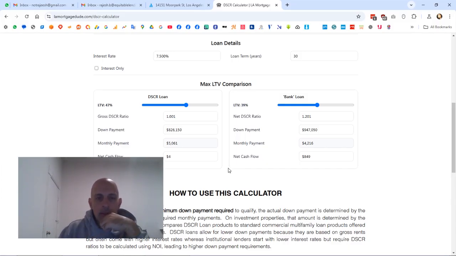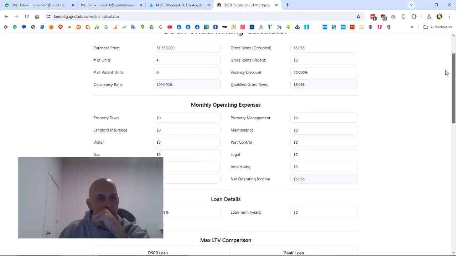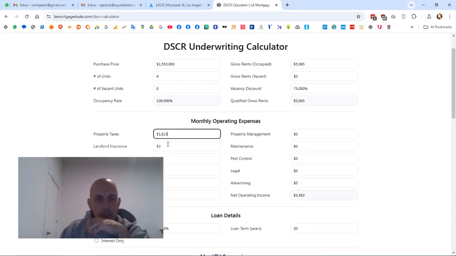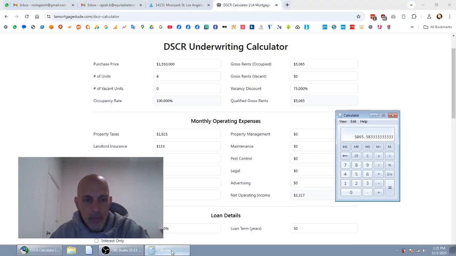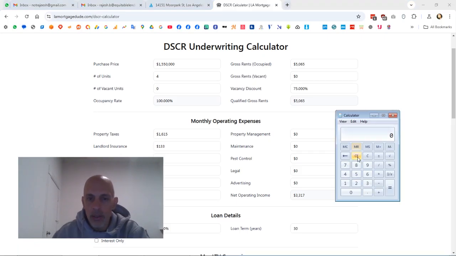Assuming that we could guess, let's see, what's property taxes and insurance here? 1615 and 133. So 1615 times 12 is 19,380. And then we got 133 times 12, that's 1,600.